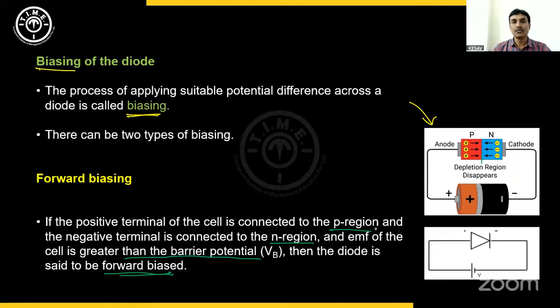The circuit symbol is shown here. The positive terminal of the battery is connected on the P side, and the negative terminal of the battery is connected on the N side of the diode. Then it is called a forward bias combination. The diode is said to be in forward bias. So what happens in forward bias?